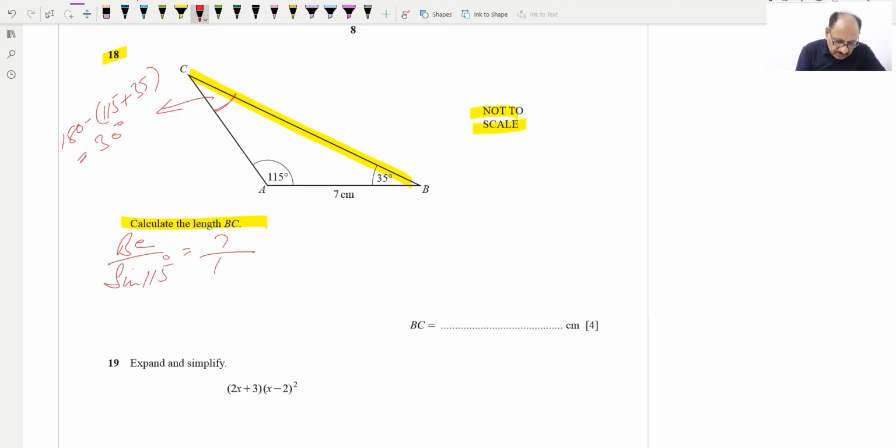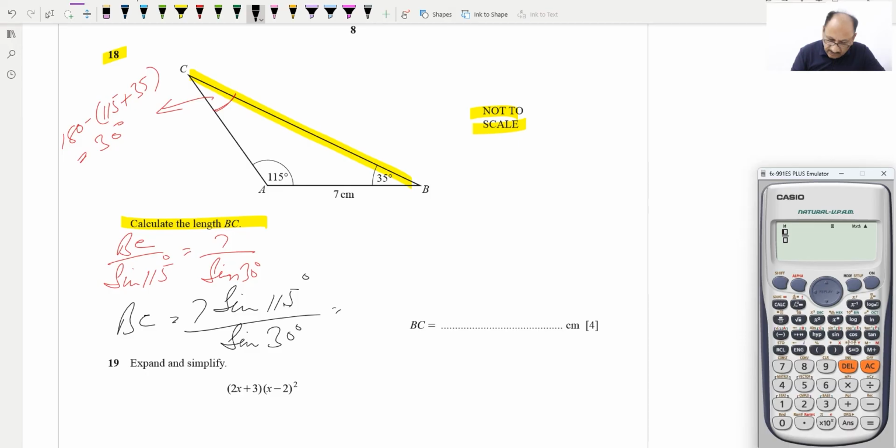So we will take sine of 30 degrees. BC will be equal to 7 sine of 115 degrees divided by sine of 30 degrees.